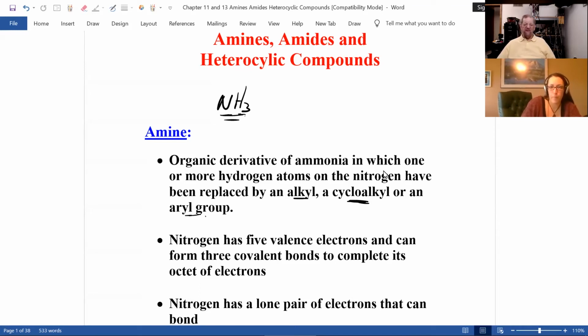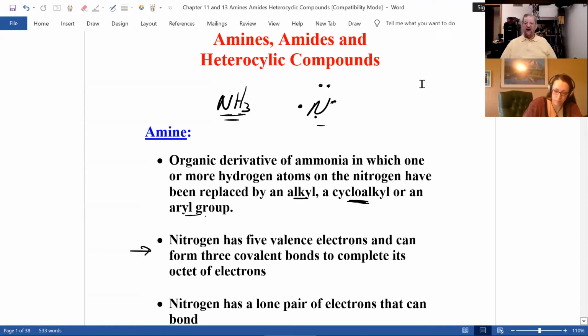Now, something important to mention. Unlike carbon, nitrogen has 5 valence electrons, and therefore normally it needs 3 more electrons to get its octet, which I'll never ask on a test.